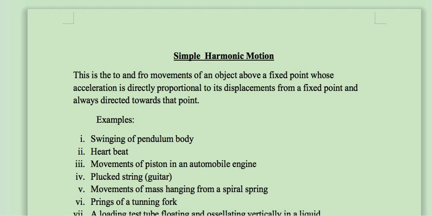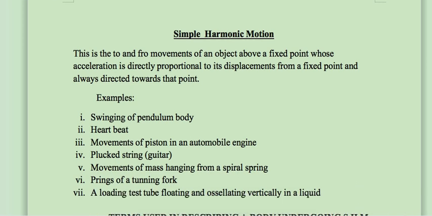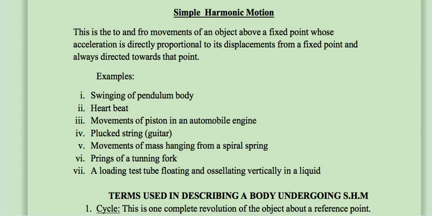Some examples of simple harmonic motion are: one, swinging of a pendulum bob; two, heartbeats; three, movement of a piston in an automobile engine; four, plucked strings such as a guitar; five, movement of a mass hanging from a spiral spring; six, prongs of a tuning fork; seven, a loaded test tube floating and oscillating vertically in a liquid.